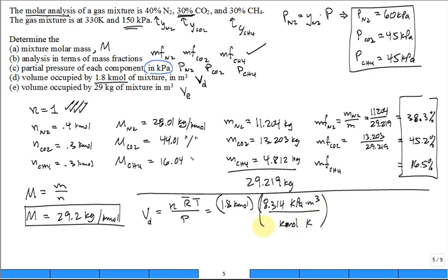That's R bar, the universal gas constant. Then we have the temperature, 330 Kelvin, and you divide by the pressure.